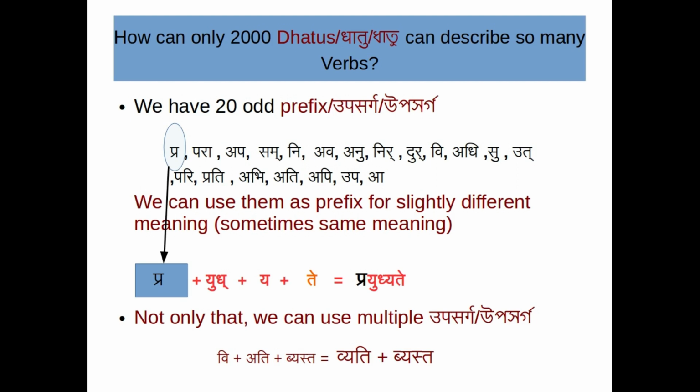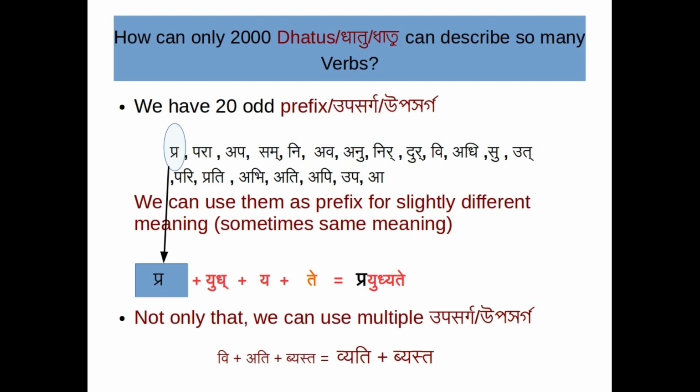For example, let's say the verbal root or dhatu yud, instead of yudhyate, we can use the upasarga pra in front to create the word prayudhyate, which might have the same meaning but might also have some different meaning.